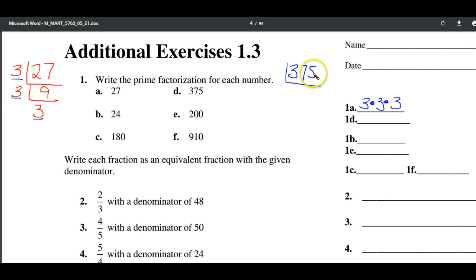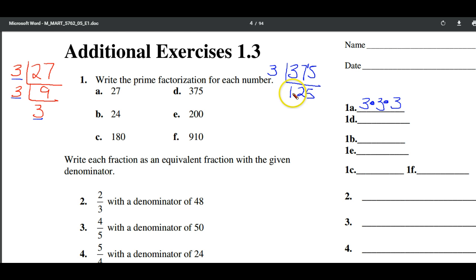Add 5 is 15. Is 15 divisible by 3? And the answer is yes. So we can divide this by a 3, which is the lowest prime factor. So 3 goes into 3 once, 3 goes into 7 twice, with a 1 left over. 3 goes into 15 5 times.